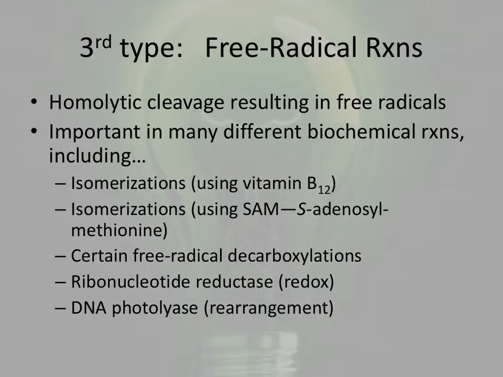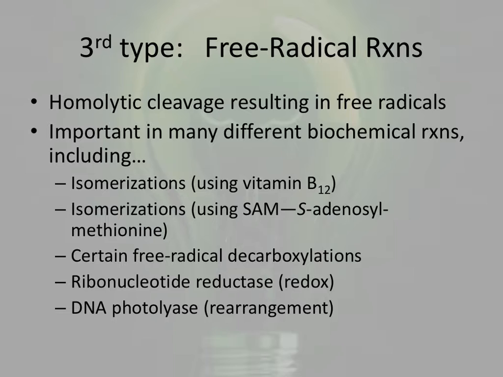Okay. The third type are the free radicals, which are really cool. They can be bad. However, sometimes they are necessary. Free radicals are special in the sense that they have to be homolytic in order to become a free radical.